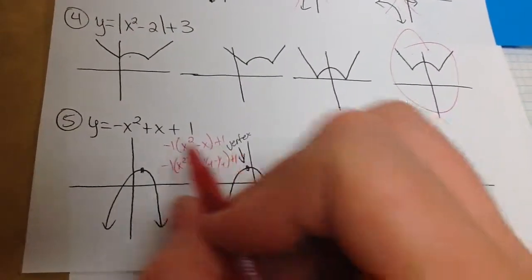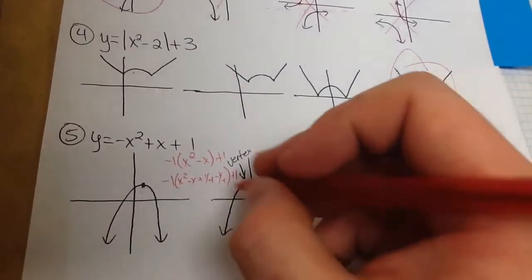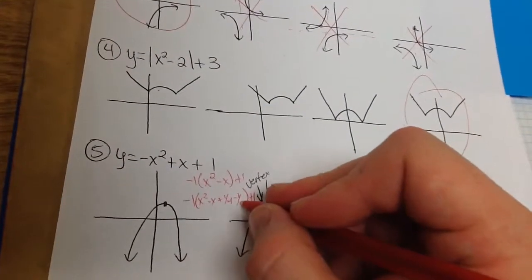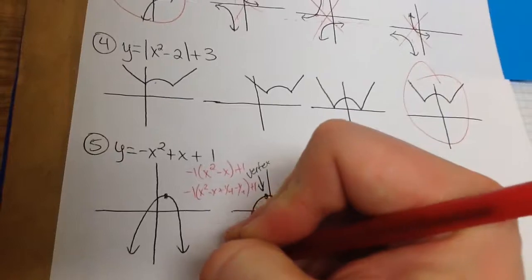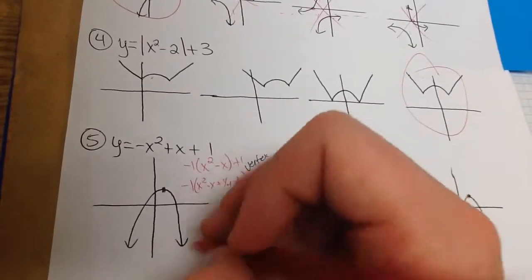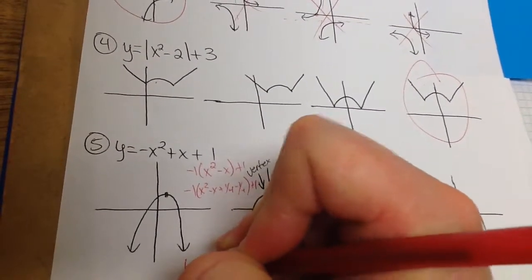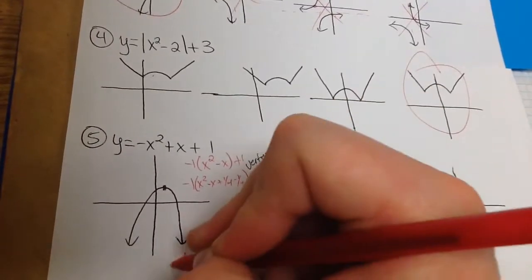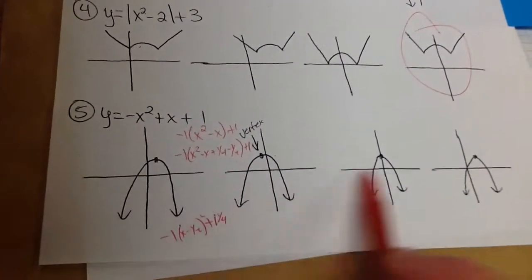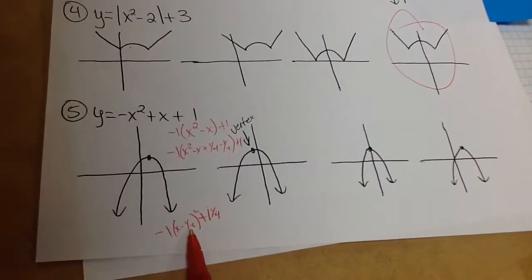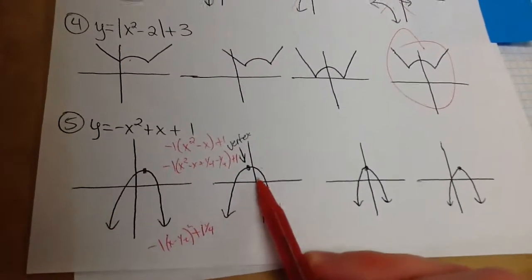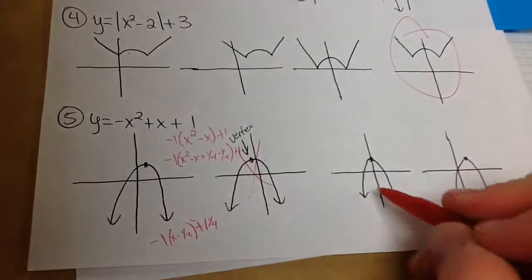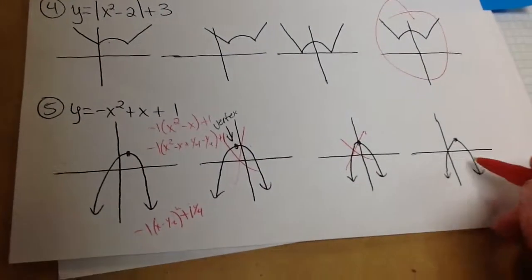Bring out the negative a fourth, but then I multiply it by negative 1. So 1 plus a fourth is 1 1/4. And then the inside gets factored to x minus a half squared, and then a negative 1. Well, they're all upside down, but I should go right 1/2, up 1 1/4. Maybe. Nope. Didn't go right a half.